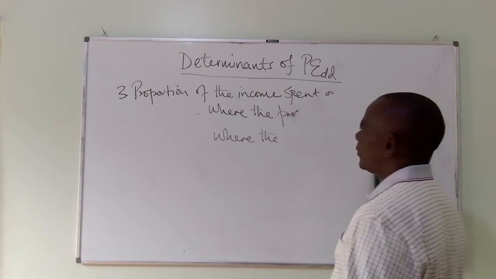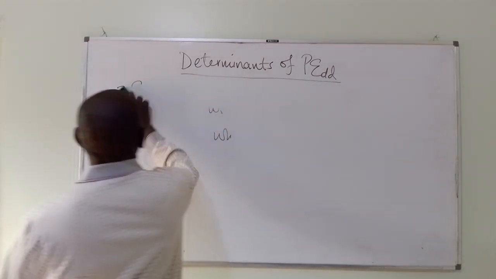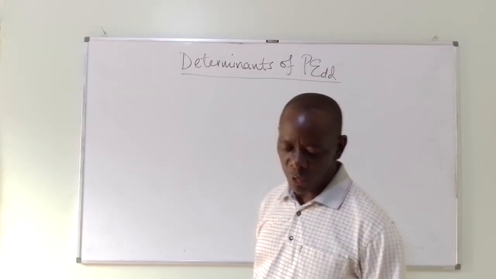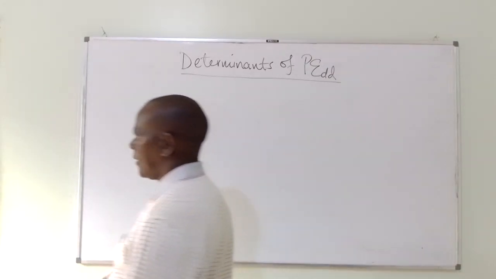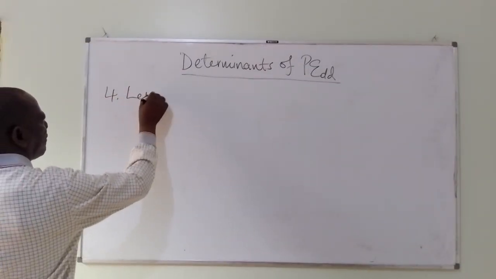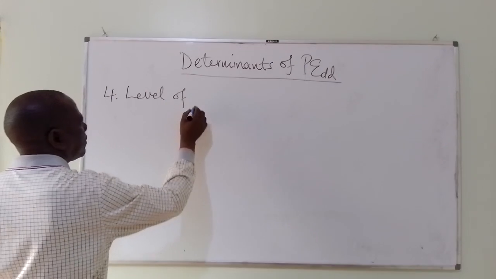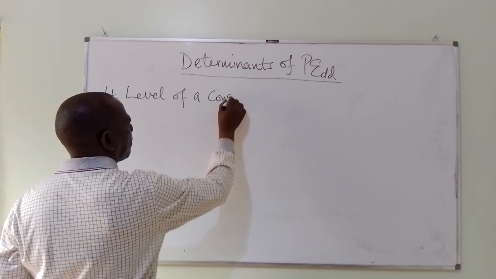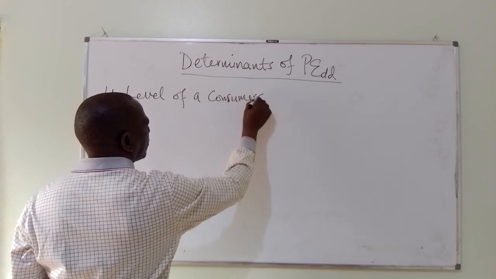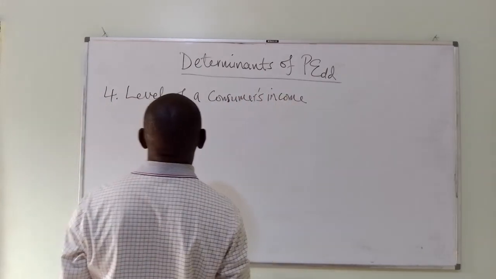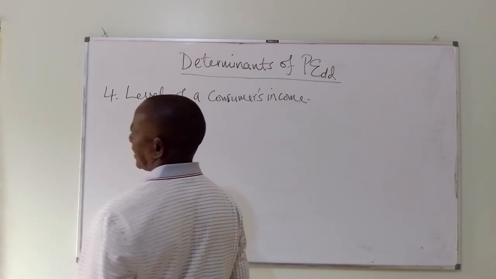So we go to the fourth factor, which influences the level of price elasticity of demand: the level of the consumer's income.